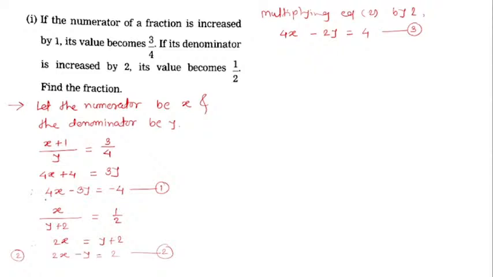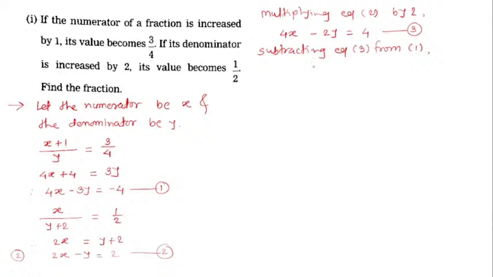As you can see the coefficients of x are the same, signs are also the same, so we should subtract these two equations. So the next statement would be subtracting equation 3 from equation 1.